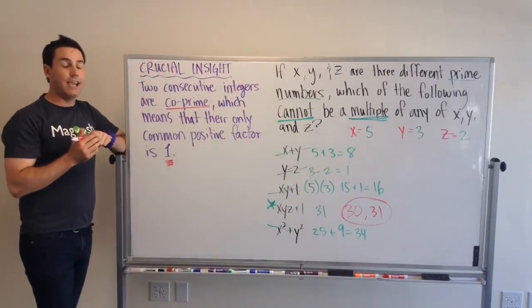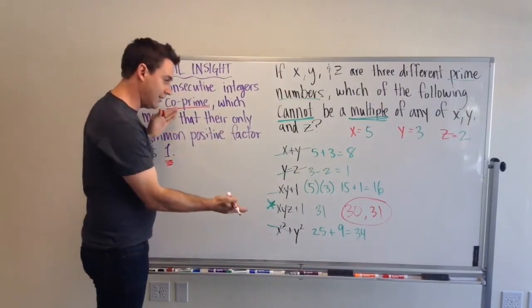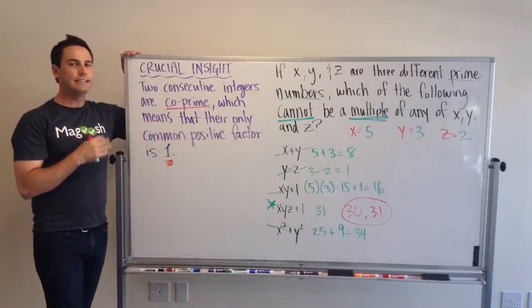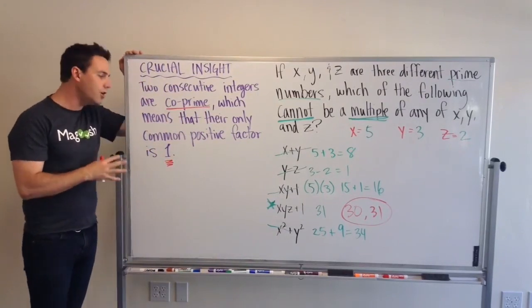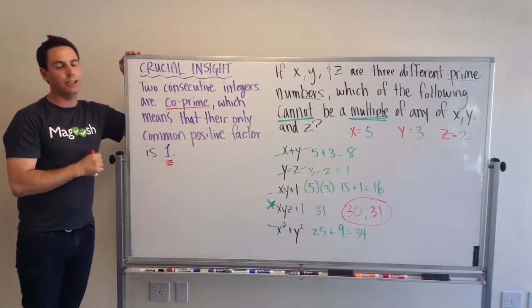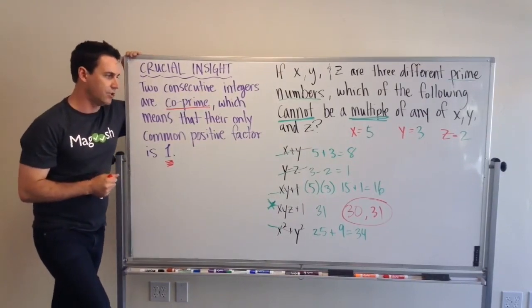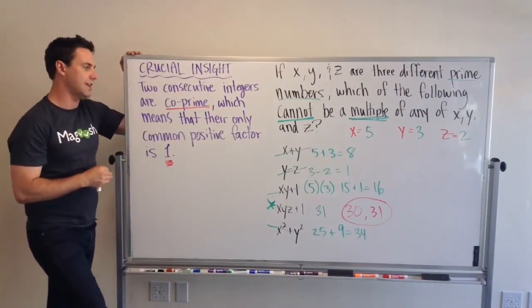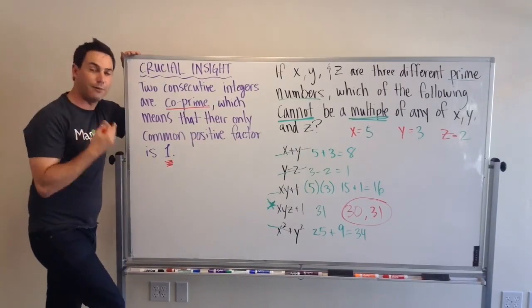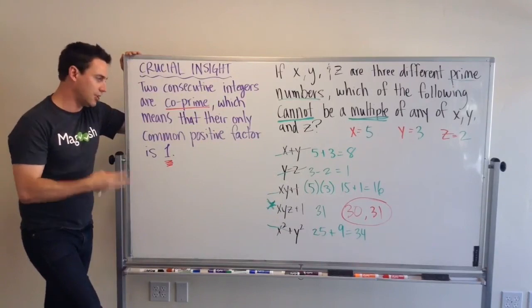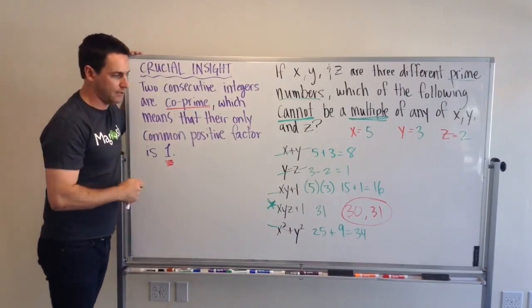So there is the longer way to get to the answer, and then there's always going to be some sort of shortcut. They're going to reward you for doing your due diligence, spending a lot of time understanding your integer properties, the very fundamental basics of integers and number properties.